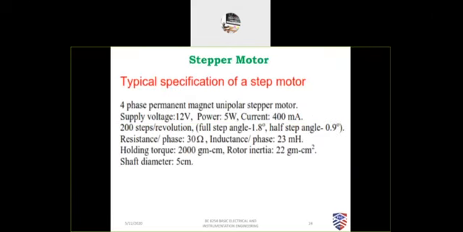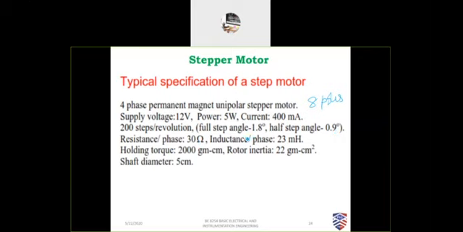Then for the stepper motor, the specification is 4-phase, which means it becomes 8 stator poles. Supply voltage 12, power 5 watt, current 400 milliampere, 200 steps per revolution, because you can have a step angle of 1.8 degrees or 0.9 degrees.